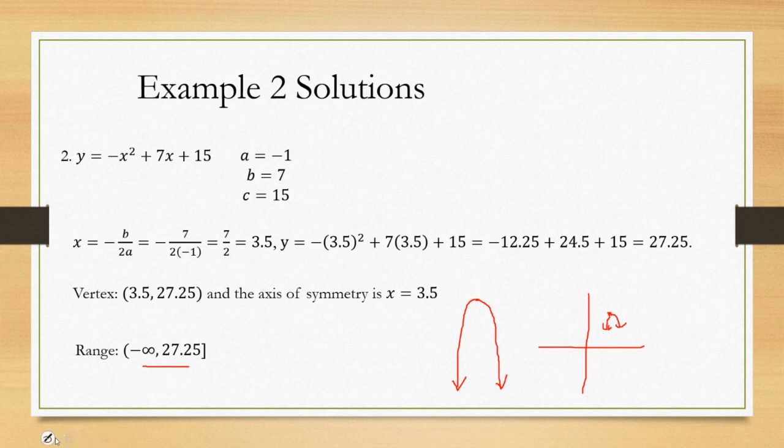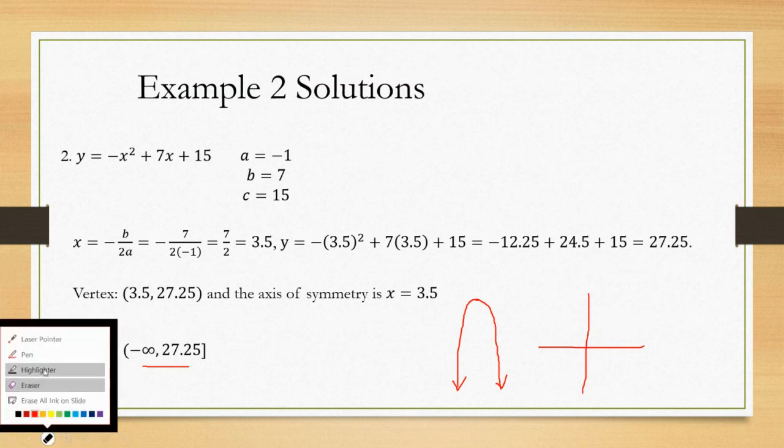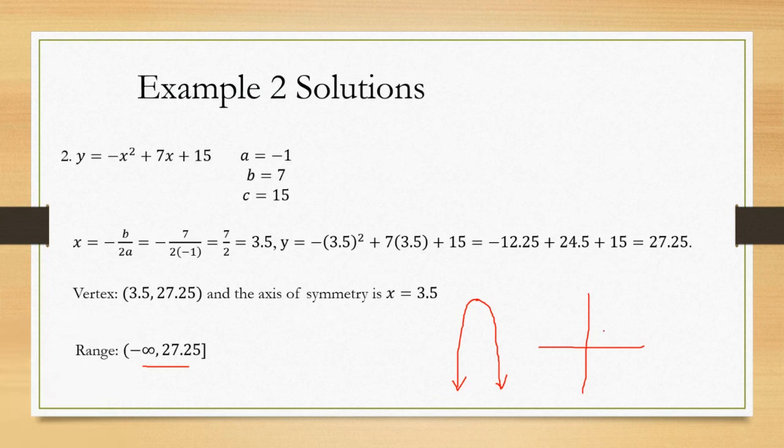Let me see if I can draft that a little bit better. It's not easy to draw like this, so bear with me. But this is telling us that eventually it will have to cross the x-axis. So there will be x-intercepts.